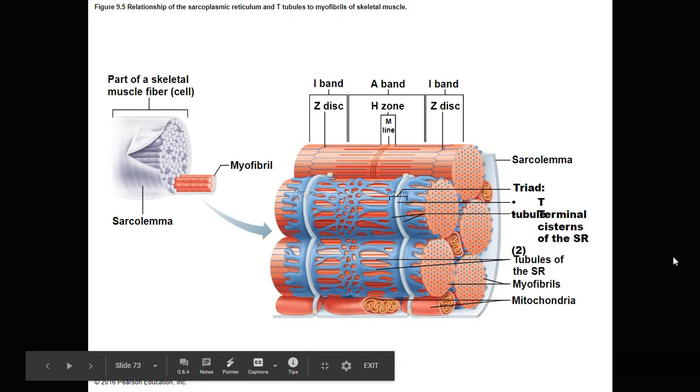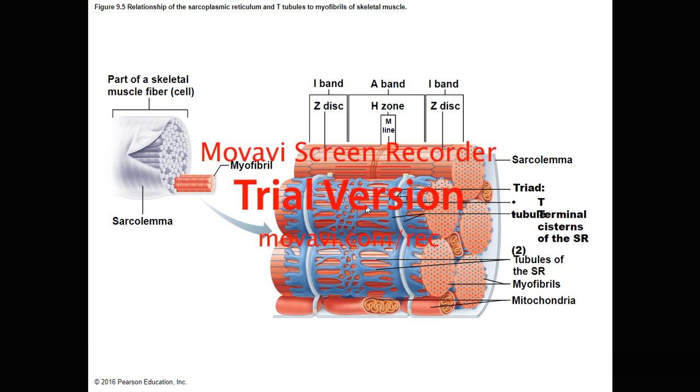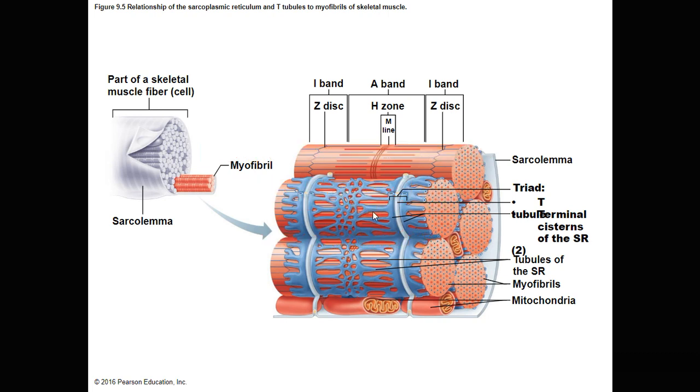So this figure just shows what we were talking about. Again, you have your sarcoplasmic reticulum, which is smooth endoplasmic reticulum. You see how it wraps around the myofibril, kind of like a sweater wraps around your arm.